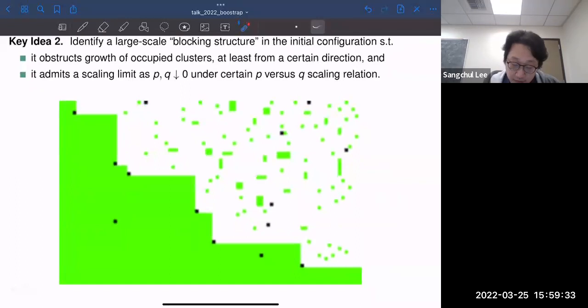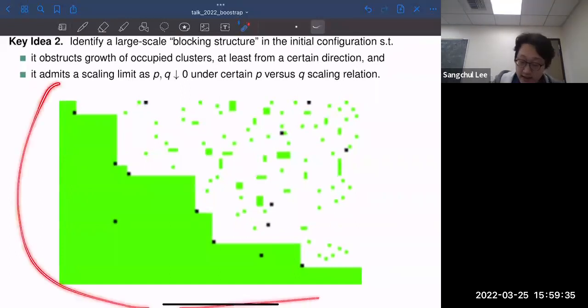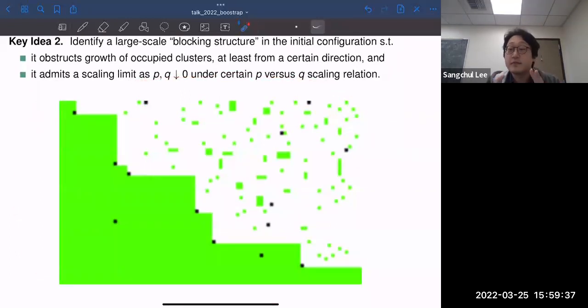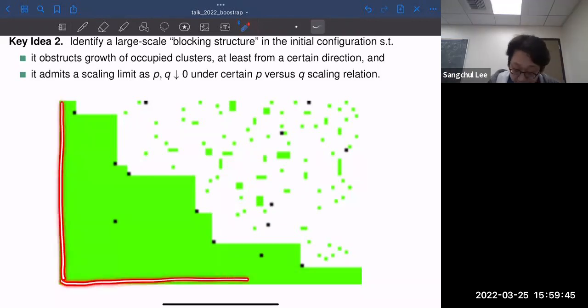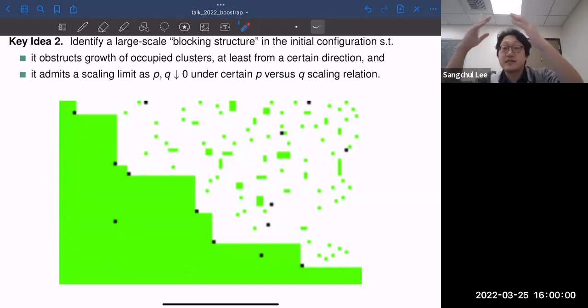So imagine that we run a polluted bootstrap percolation on some finite grid, and also in this picture I gave a certain boundary condition that both the left and bottom side are initially occupied. So the growth will take place in this northeast direction until they are hit by a certain blocking structure.